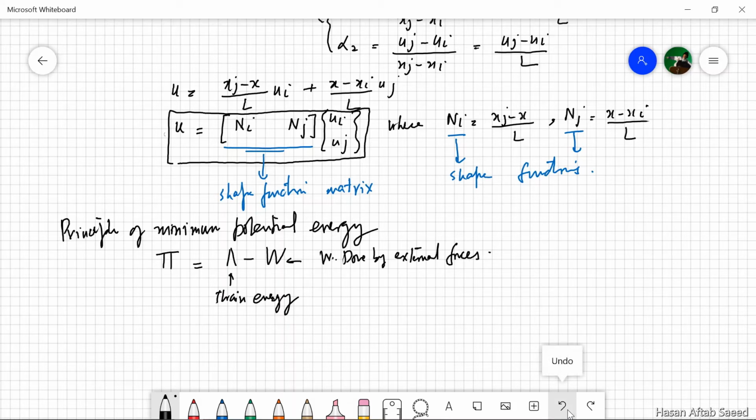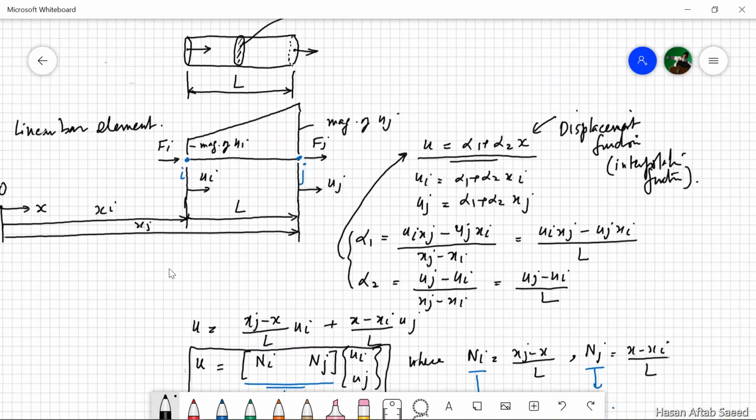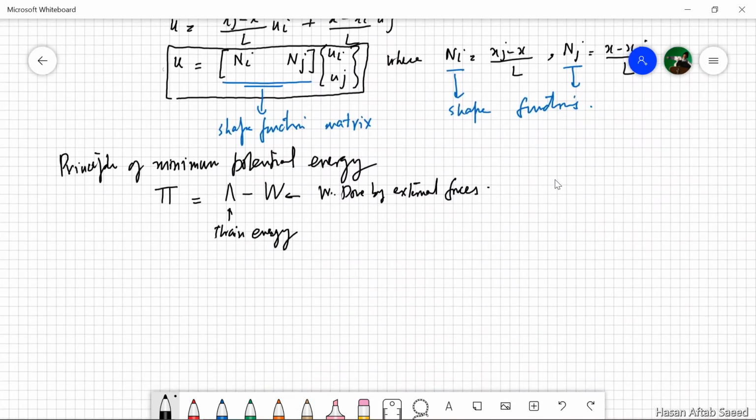Now, work done by external forces is very easy. There's no complication there. Force Fi is applied at node i and Fj at node j, and the displacements are ui and uj. So the expression for W is very simple.